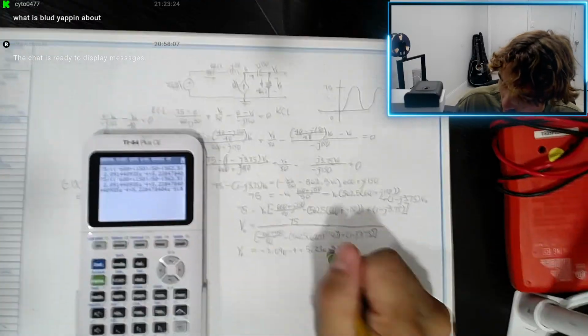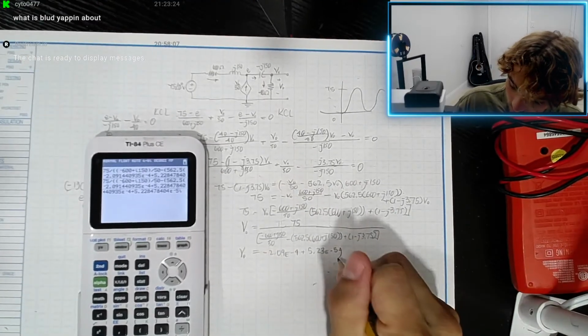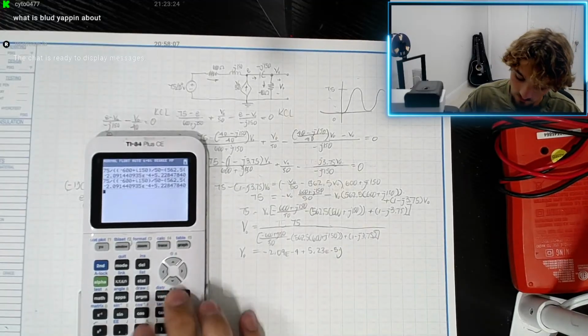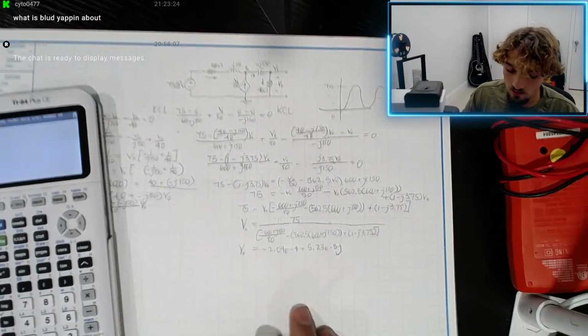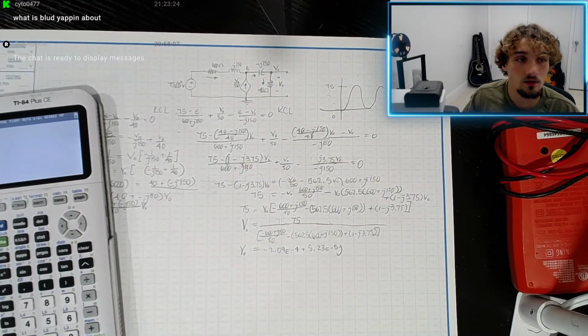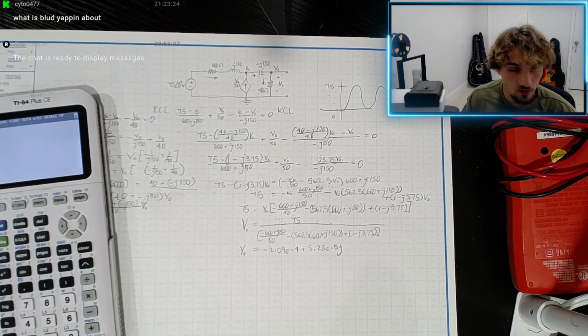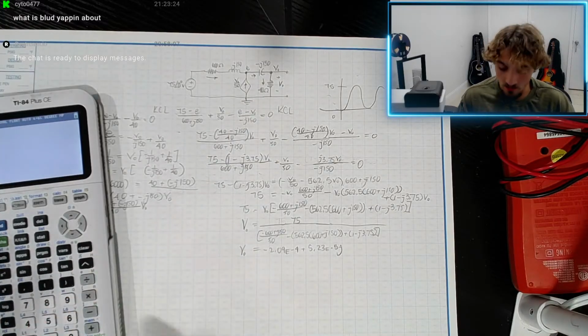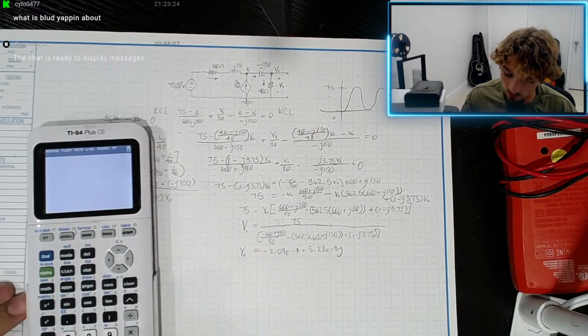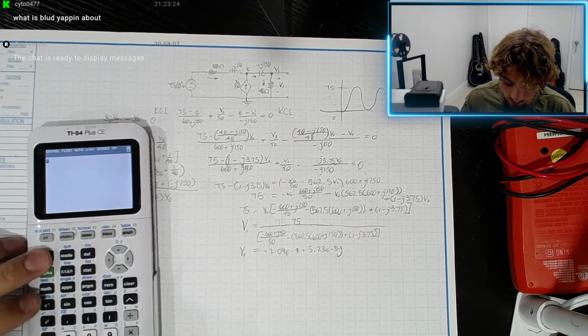J, of course. That's the imaginary part. Okay, so V out. Now we just have to convert this to polar coordinates, and we'll know whether our answer is correct or not. Okay, alright. Oh, okay.